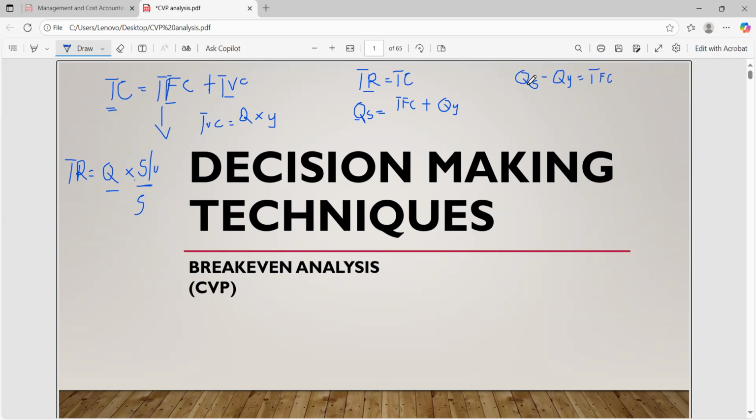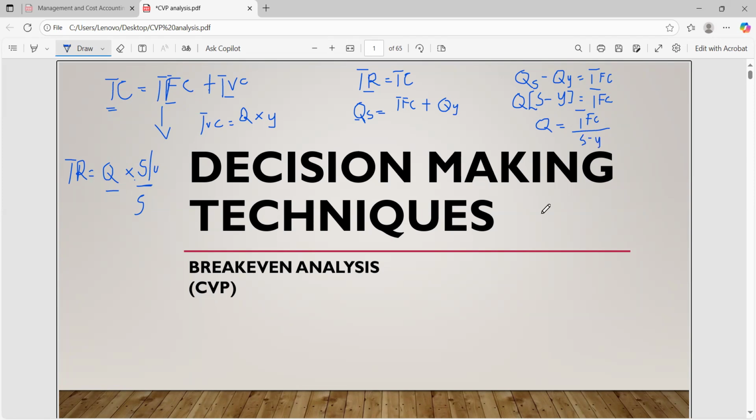Since you are finding quantity, let's make Q the subject. We have Q here, the selling price minus the variable cost, which is equal to total fixed cost. Therefore, quantity will be equal to total fixed cost over selling price minus variable cost.